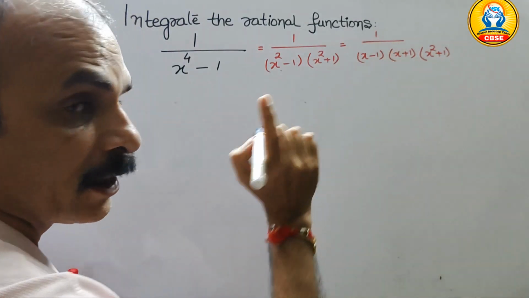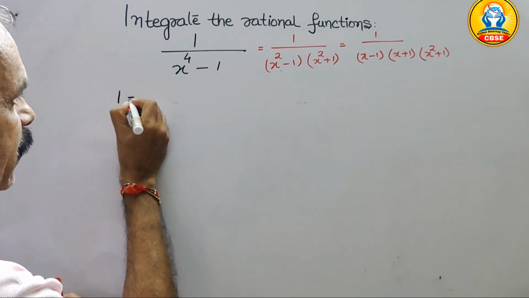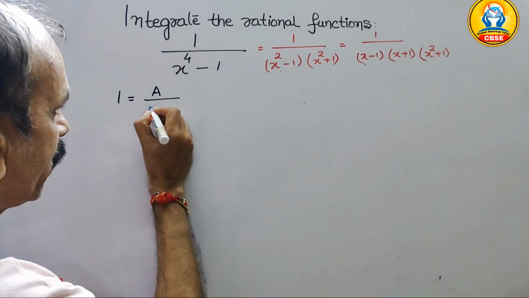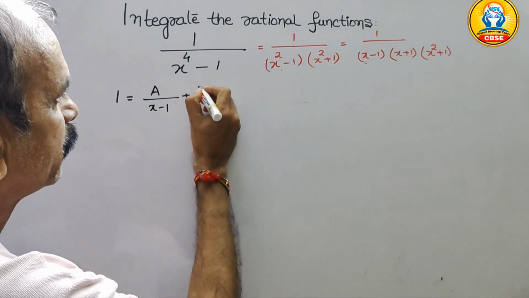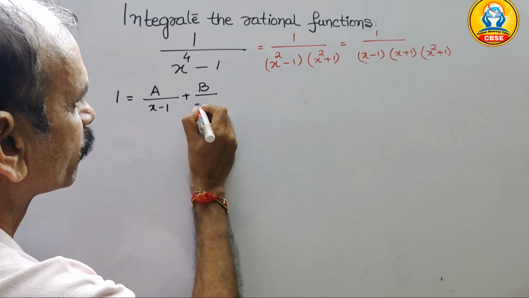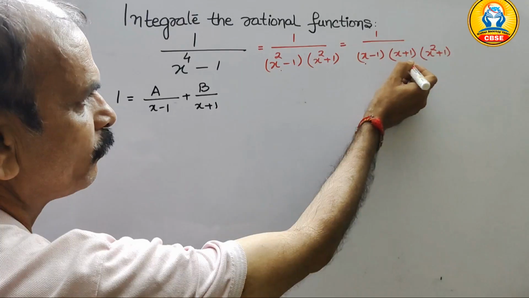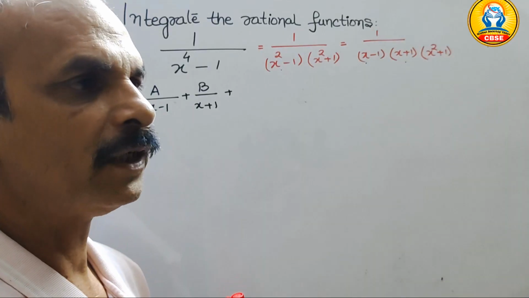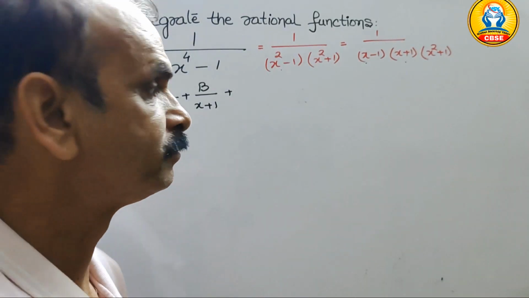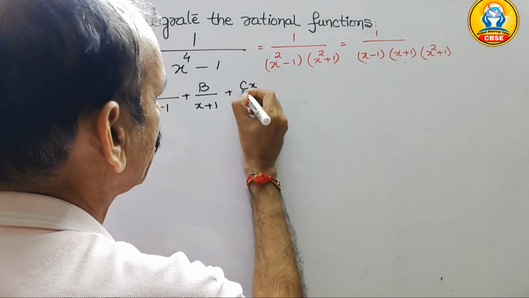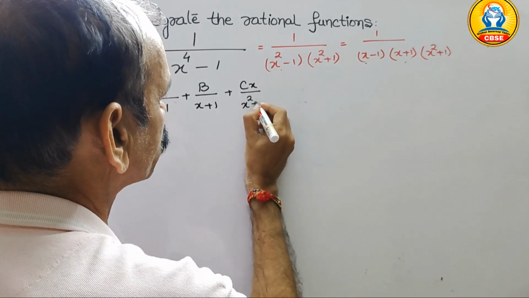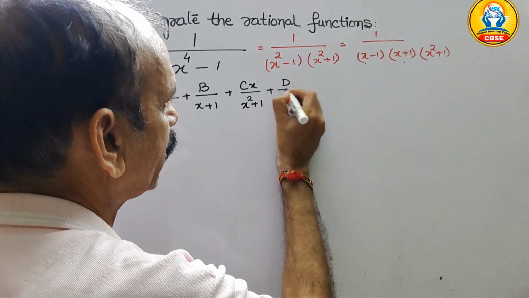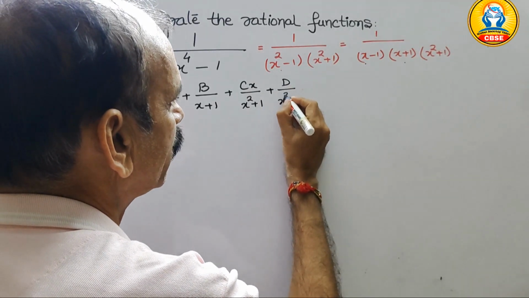This is your numerator, that is 1, equal to A by the first one, that is x minus 1, plus B by x plus 1, the second one, and next comes your third. The third we can write as Cx by x square plus 1, plus D by x square plus 1.